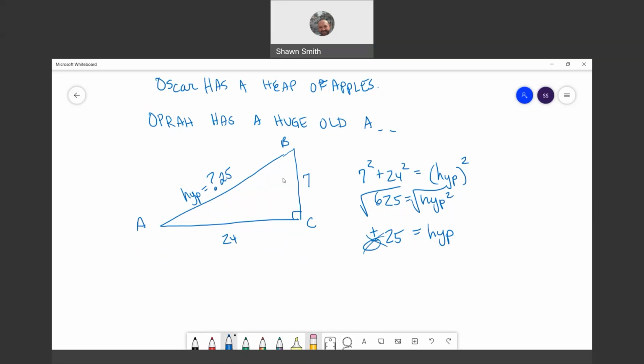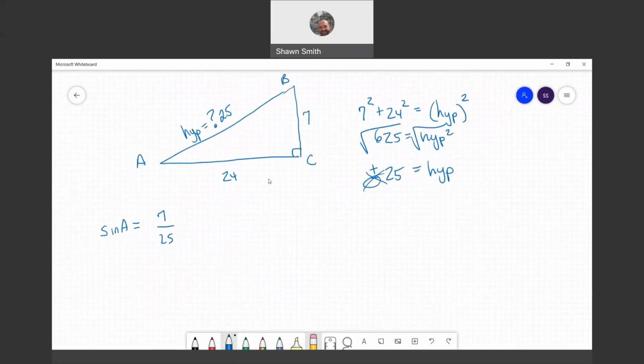So let's figure out our trig function values for the angle, let's say A. Sine of A: opposite of A is 7 over the hypotenuse 25. Cosine of A is adjacent to A, 24 over hypotenuse 25.